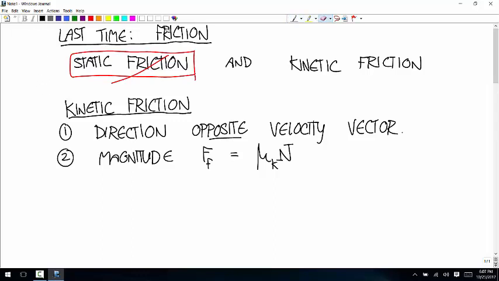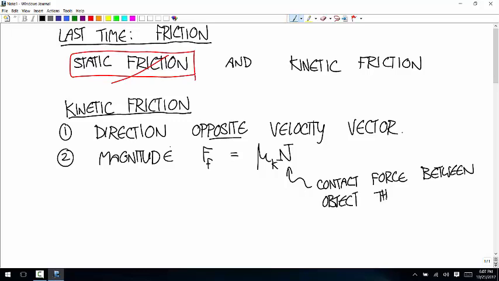And this normal force is the contact force between the object that's sliding and the surface it's sliding across.